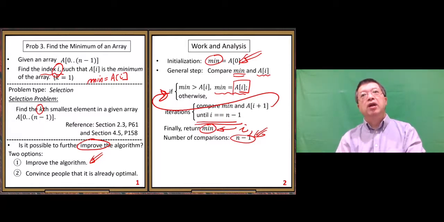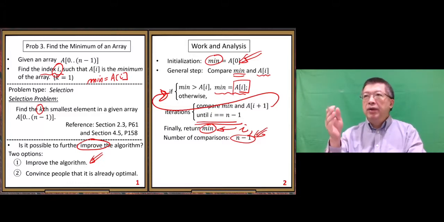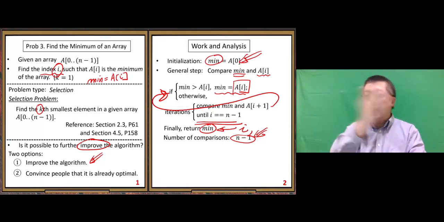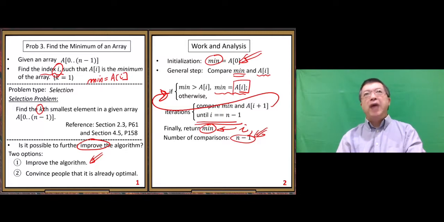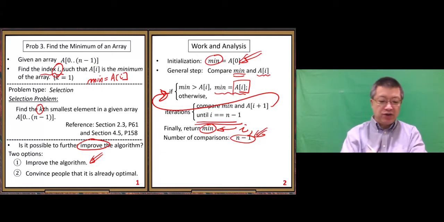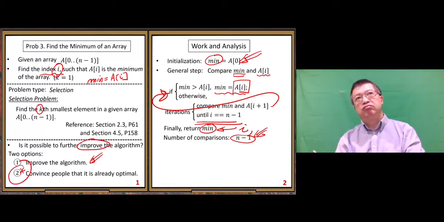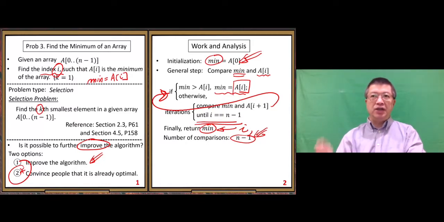Convince people it is already optimal. Our current algorithm is already optimal. That means nobody can further improve it. Why waste your time on the improvement? For this video, this topic, I want to focus on the second option. So let's look at that.